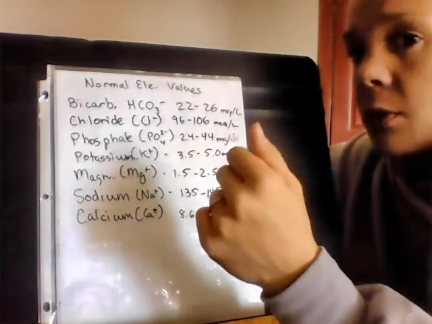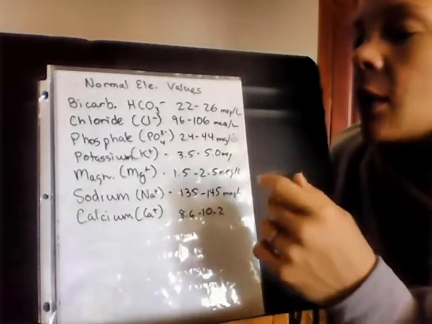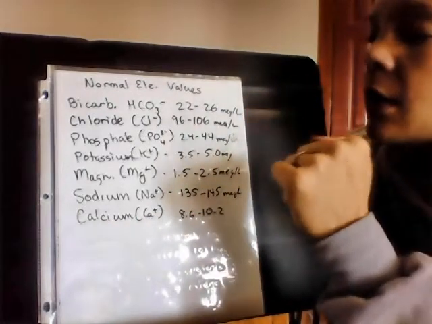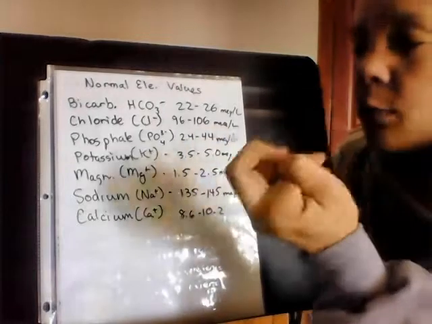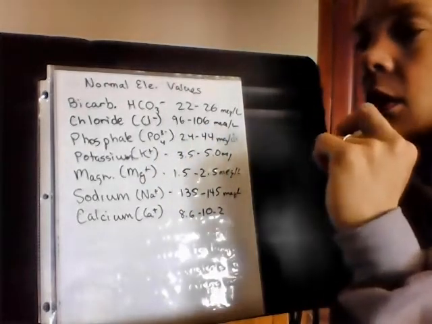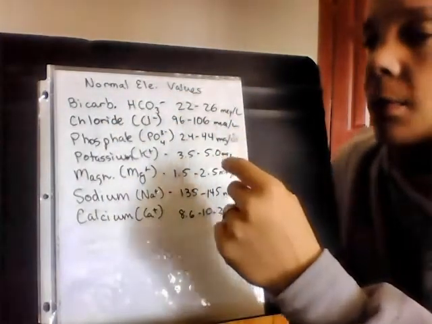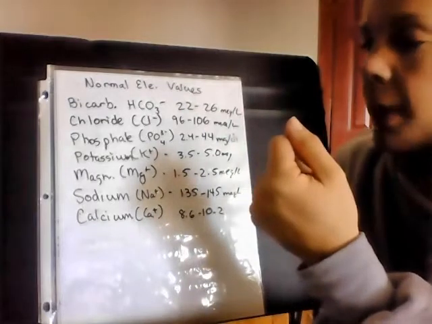At 22 to 26, you don't necessarily have to work out a lot. You might have that hourglass figure. Some books say 28 as the higher value, but 22 to 26 is what we're going to use here. So that's the way I remember bicarb: it has to do with metabolism, and it's 22 to 26.